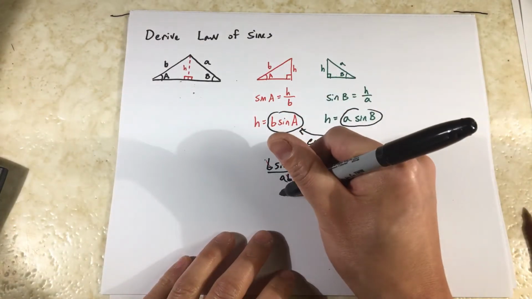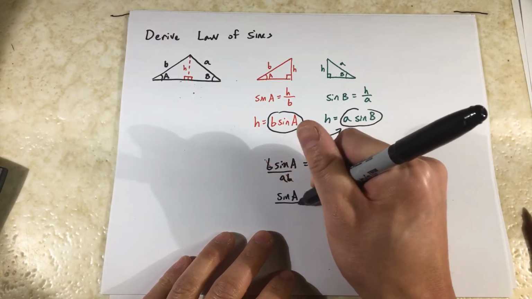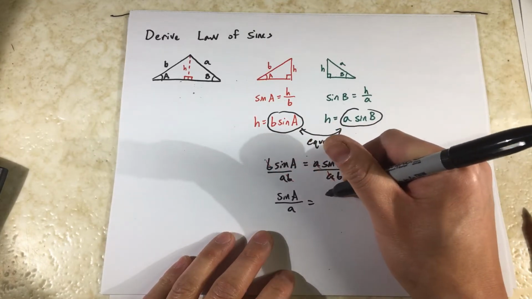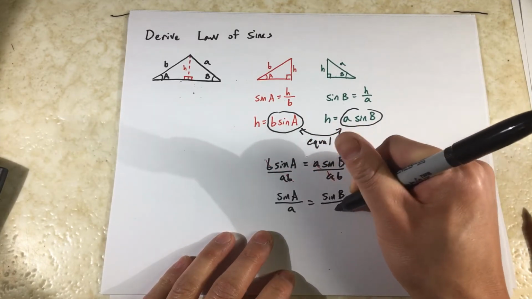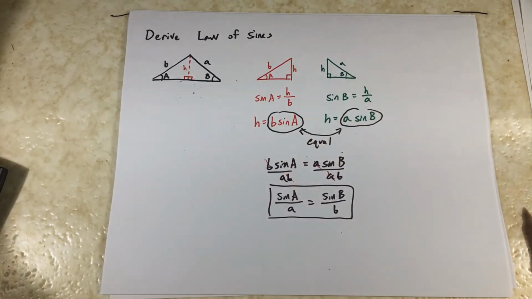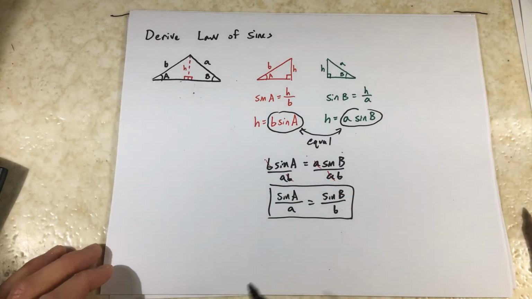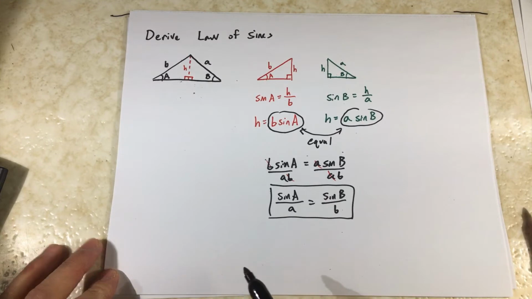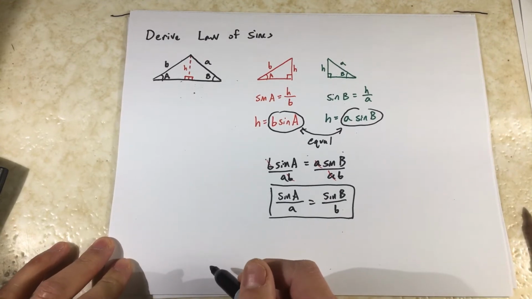And I get sine A over A is equal to sine B over B. Right? So that's one part of the law of sines. So I think that's nice because it connects some of our right triangle trigonometry and some algebra to determine this.